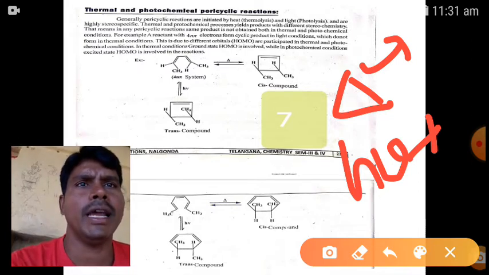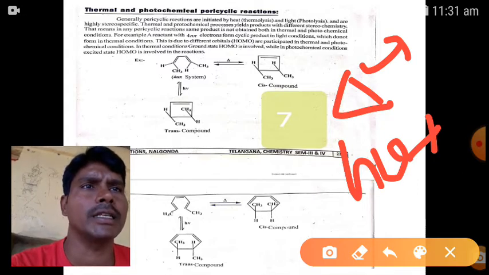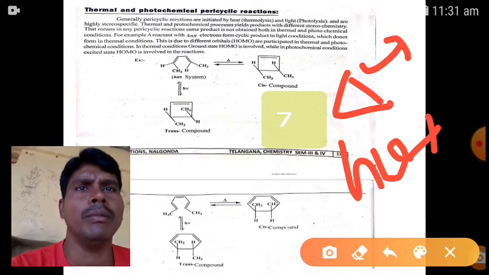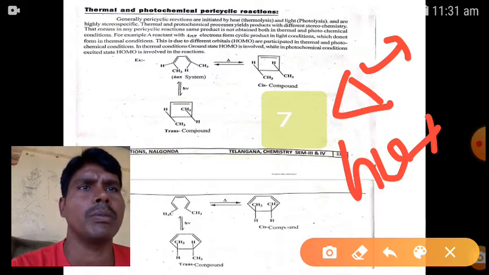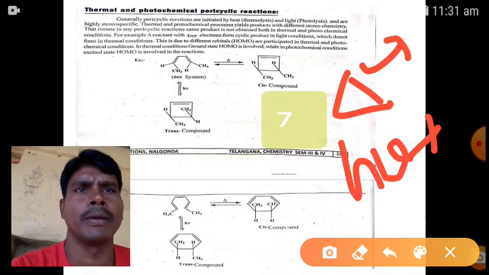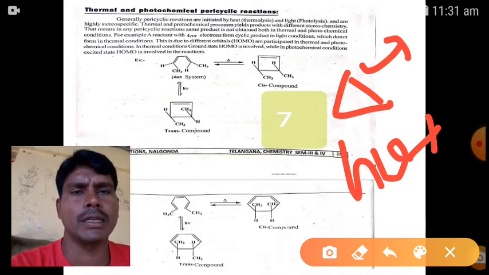For example, a reactant with 4n pi electrons forms a cyclic product in light conditions which does not form in thermal conditions. This is due to different orbitals participating in thermal and photochemical conditions. This is the main reason: FMO, frontier molecular orbitals.